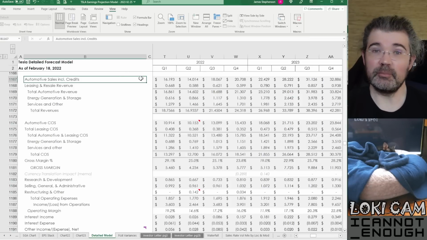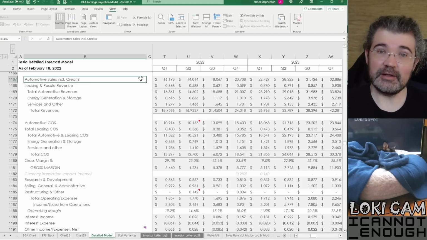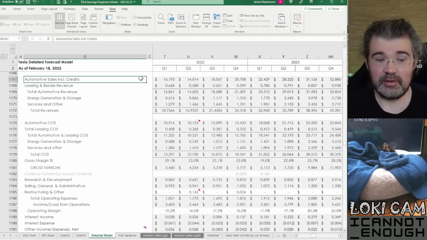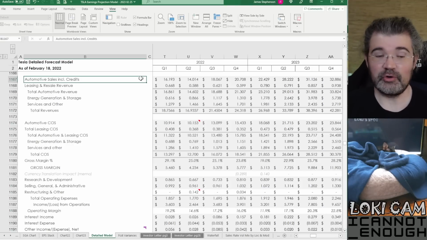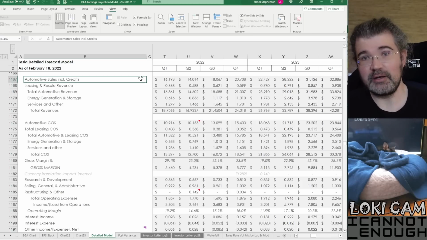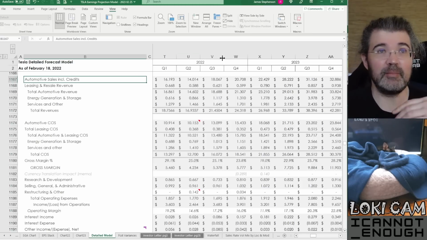But if you're going to report consolidated income statements for all of your multinational activities, you're going to have to translate those foreign currency denominated transactions into US dollars, and that's where these impacts come in.